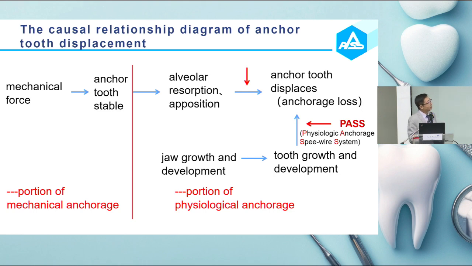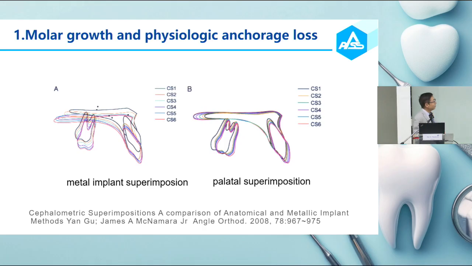If we want to know how to use tooth growth and development to control anchorage, you need to first know how teeth grow. This is the study done by Professor Gu, vice chair of our orthodontic department, and Professor McNamara from Michigan University.